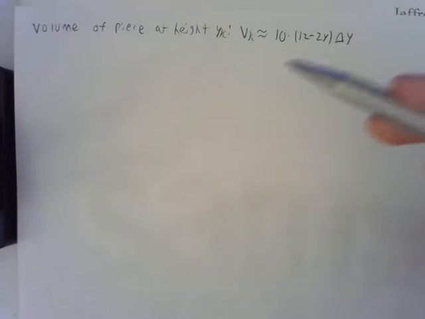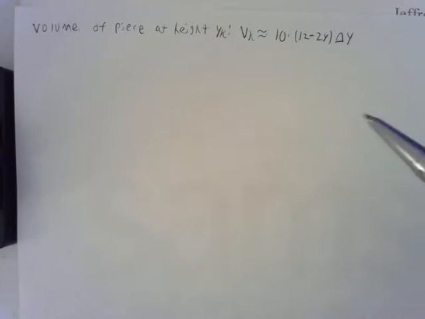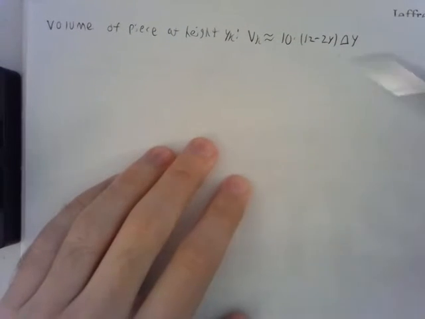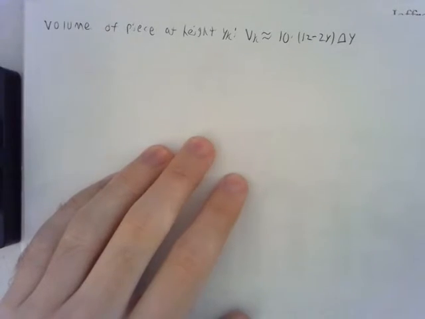I say approximately because of the shape, it's not quite a perfect rectangle. There's a little bit of a slant on one side, but if delta y is really small, then we can basically just ignore that, and this is essentially the volume of the piece. In the limit, as the number of pieces goes to infinity, this is fine.